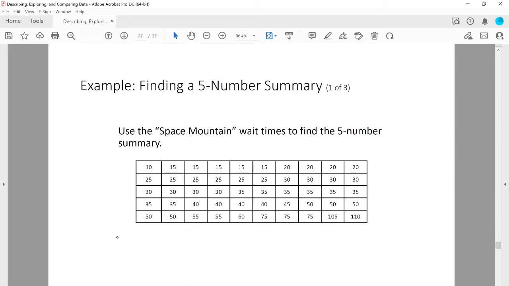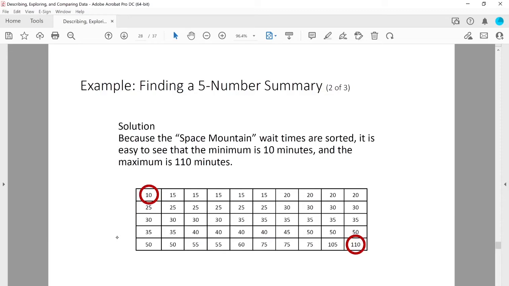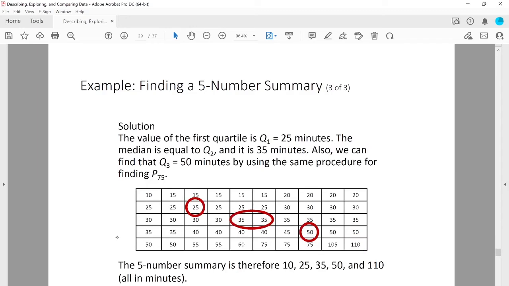We know the minimum value is 10, the maximum value is 110, and then we can find quartile 1, quartile 2, quartile 3. Here quartile 1 is 25, quartile 2 is the median, which is 35, because both of these values are equal, so the average of 35 and 35 is 35, and Q3 is 50.